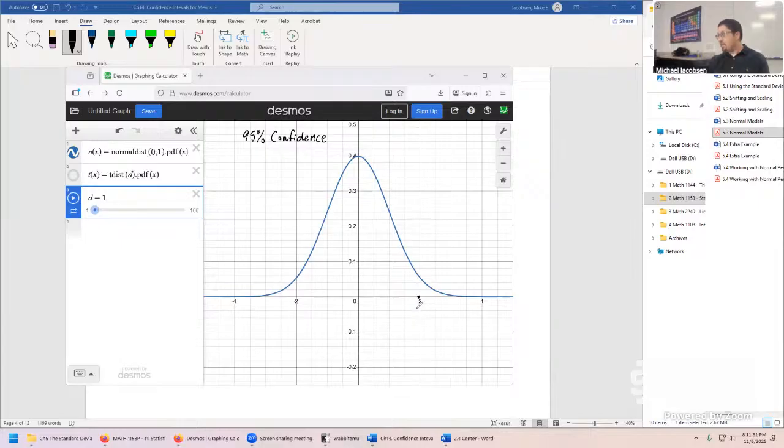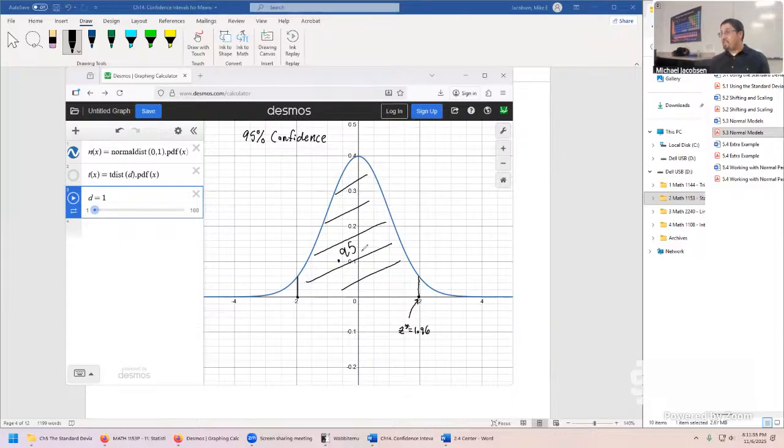Here is Z star, 1.96, puts up a little bar here, and there's our negative Z star, puts up another bar here, and the area in the middle is approximately 95%. That's how we were getting our 95% confidence intervals.